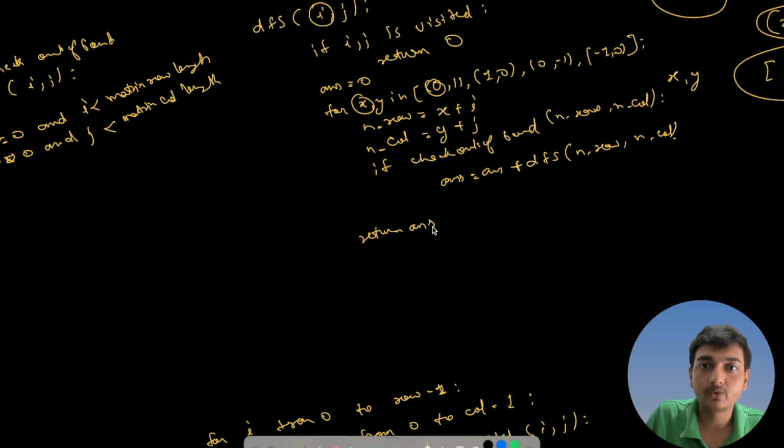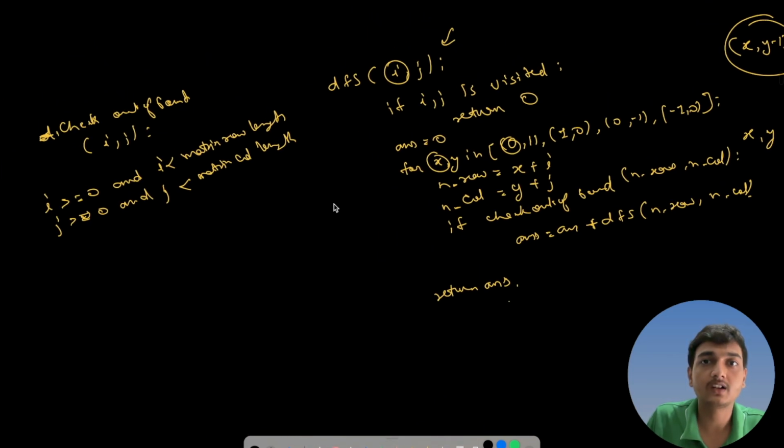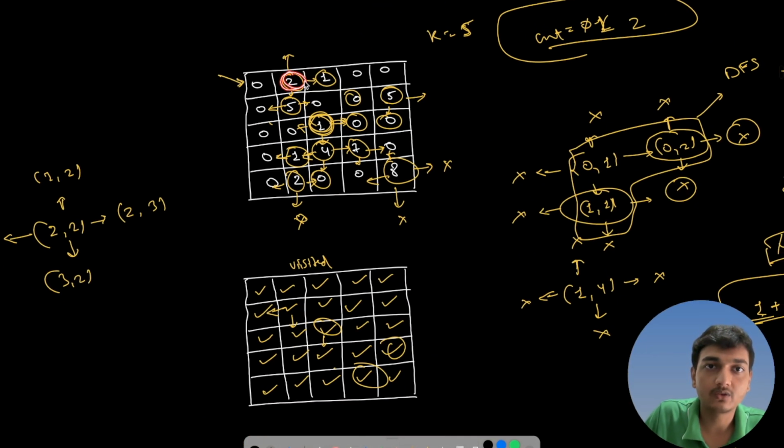So what we are doing here, let me explain. If you know recursion very well, it will be very easy for you. So let's say I'm here. Now I just call DFS for this part. So I am considering that I will explore these four directions for this node, and whatever island is present in the four directions of this node, this will return to me.